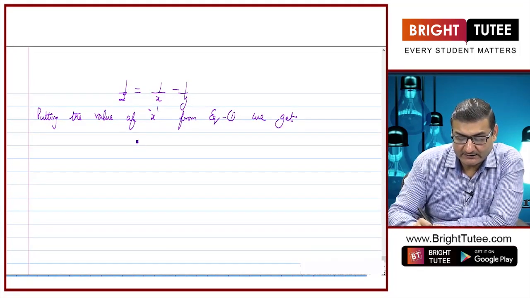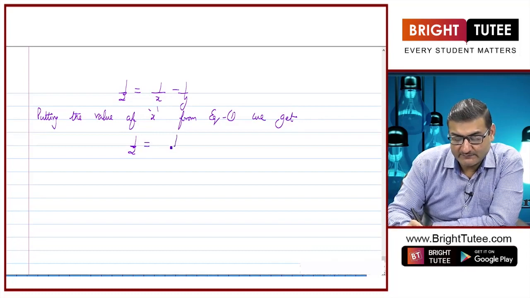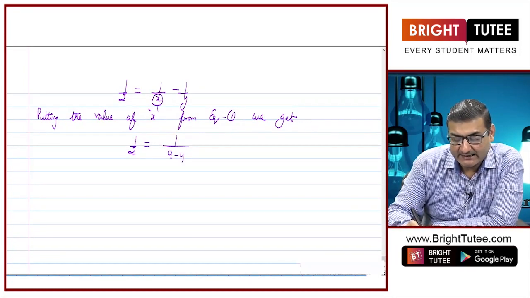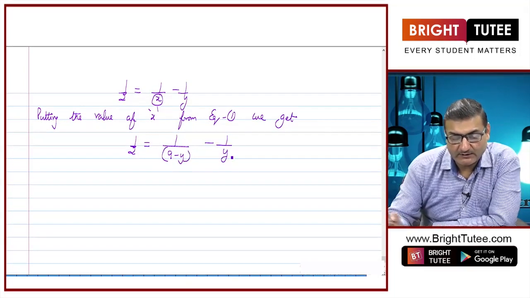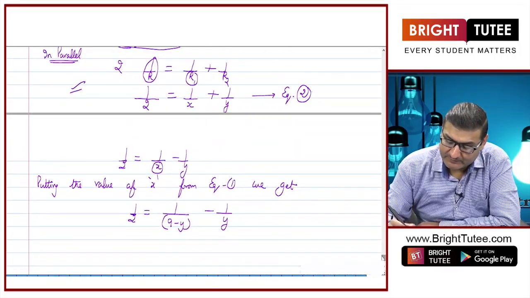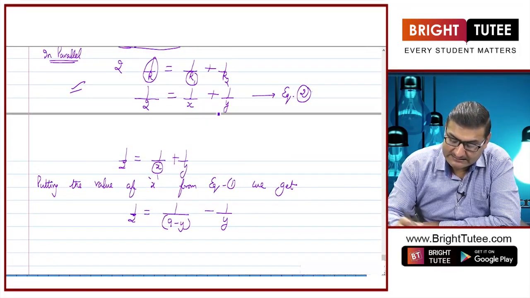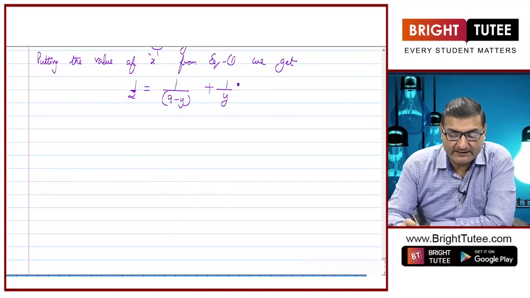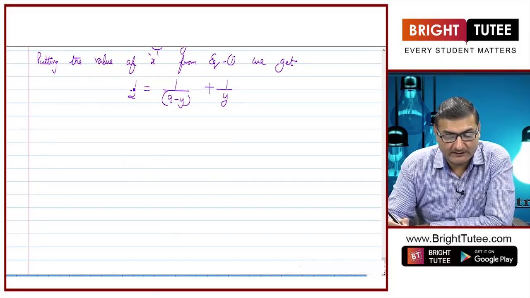We get 1 by 2 is equal to 1 upon, instead of writing X, I will be writing 9 minus Y, minus 1 upon Y. Oh, minus, it should not be, sorry, it is plus. Fine. So, 1 upon 9 minus Y plus 1 upon Y is equal to 1 upon 2.